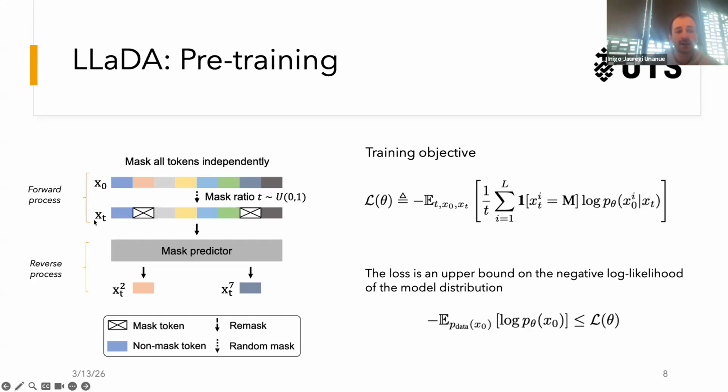And then once you have that XT, which depends on the percentage that you have masked, the mask predictor, which is just a transformer in this case, nothing else, it can be any other architecture but it's a standard transformer, needs to predict during training, needs to increase the probability of the ground truth on those mask slots.